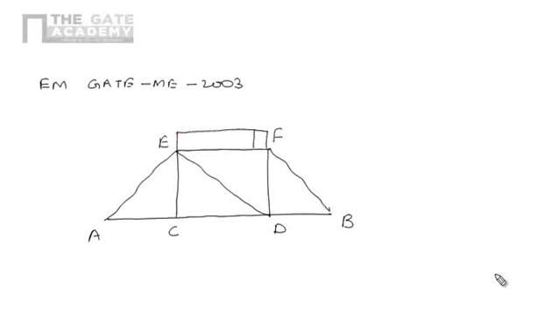At EF, there is a uniformly distributed load. And at A point, there is a roller support. And at B point, there is a hinge support.